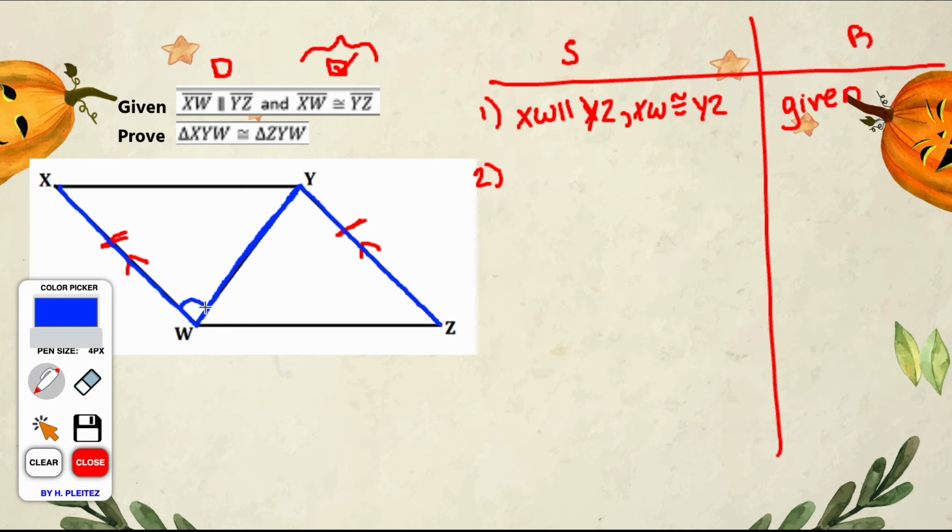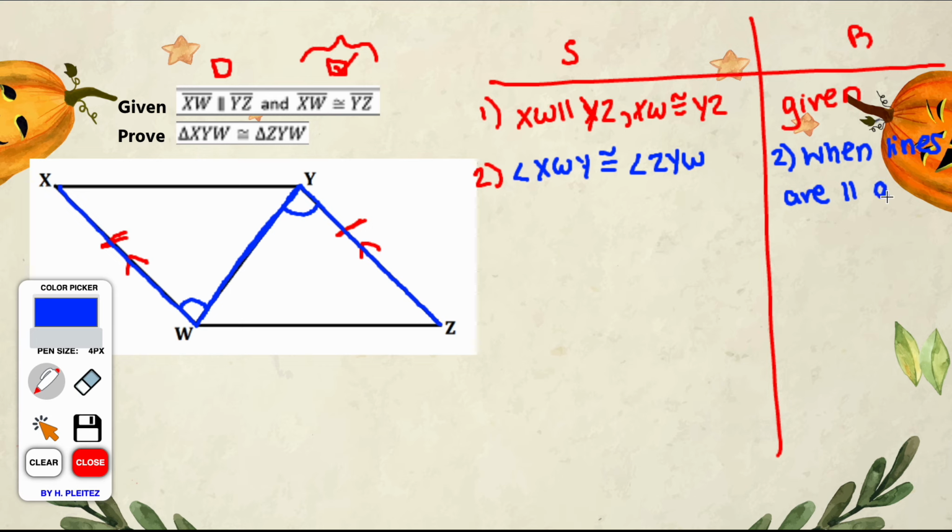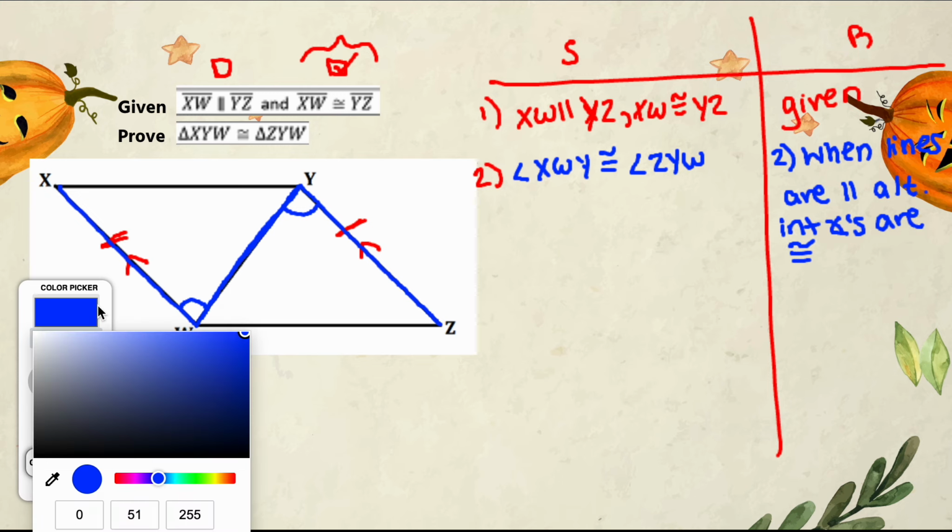The first pair I see is the one that I'm labeling right now, so that would be angle XWY is congruent to angle ZYW, and we know that because when lines are parallel, alternate interior angles are congruent. You want to make sure you're as specific in your reasoning as possible, because you just don't want to leave any room for error.